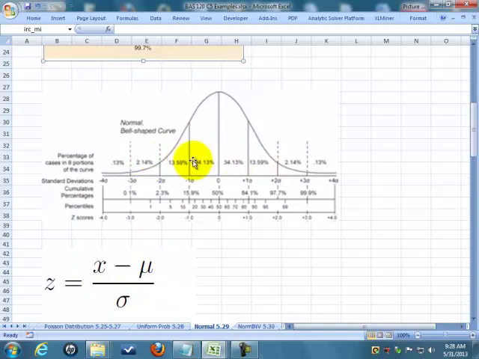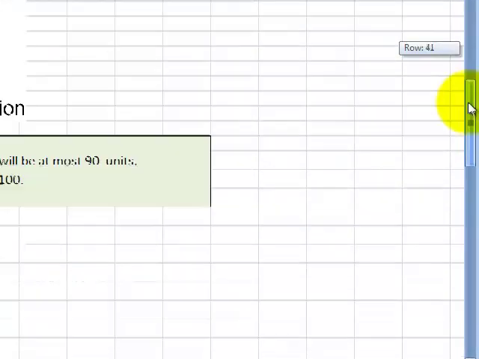How far away from the mean are we? And then we're standardizing it by dividing that difference by the standard deviation, which gives us a z-score, which basically tells us how many standard deviations to the left or to the right we are from the mean. We'll do some examples and show you.